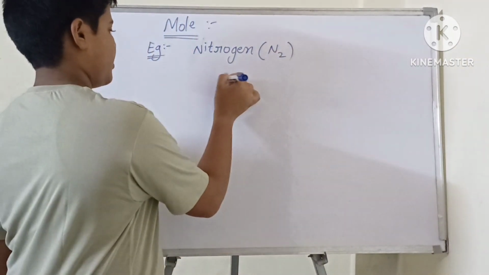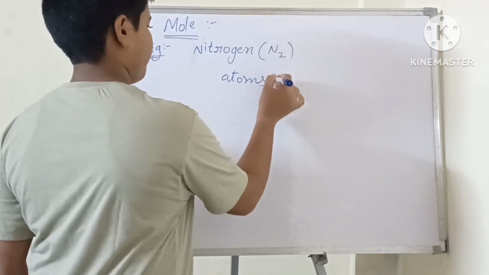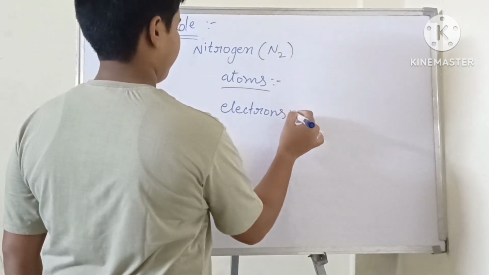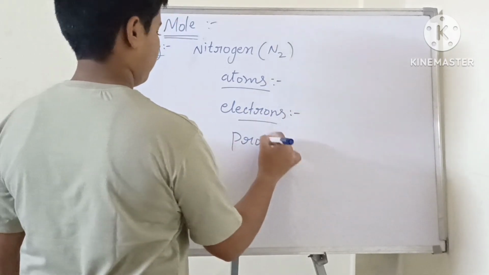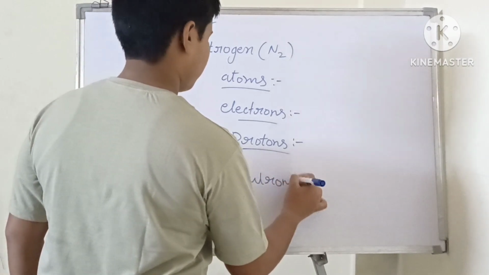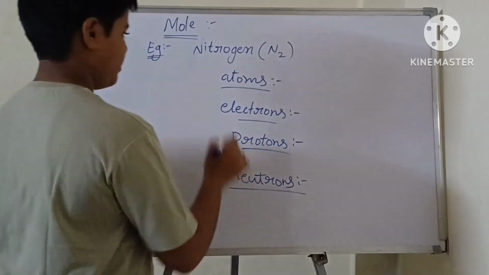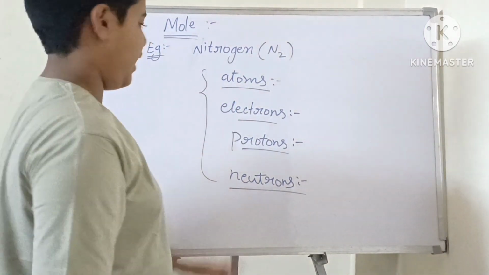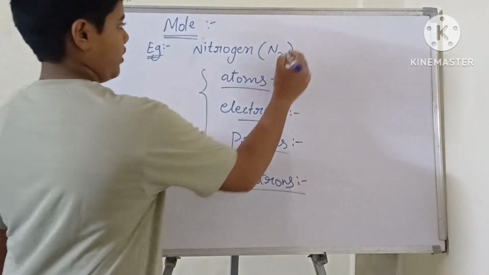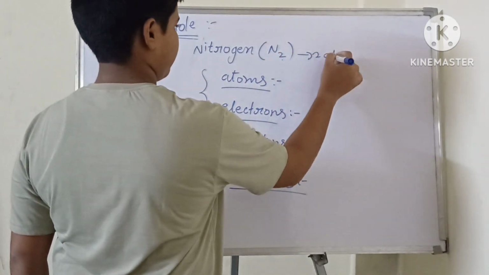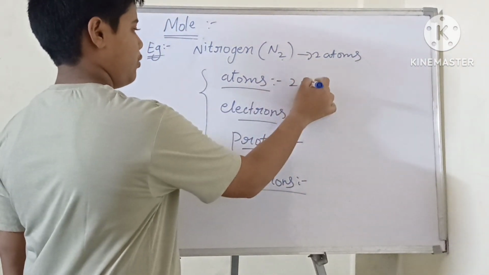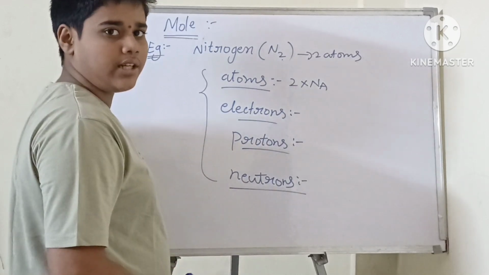Here I am asking to find how many atoms, how many electrons, how many protons, and how many neutrons there are. If we see here, there are 2 atoms. We can write this as 2 into Na, 2 Avogadro number of atoms.